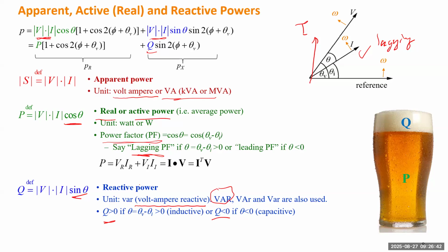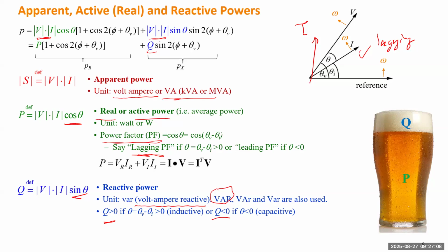So let me give you more mathematical insight into what is P, what is Q. Because we call the voltage a phasor or vector, it is a complex number, so you have a real part and an imaginary part. And current also has a real part and an imaginary part.